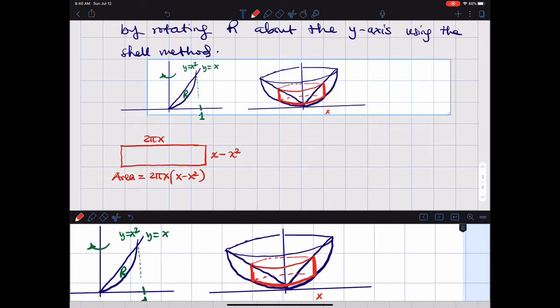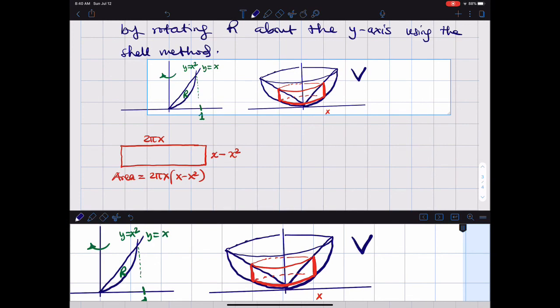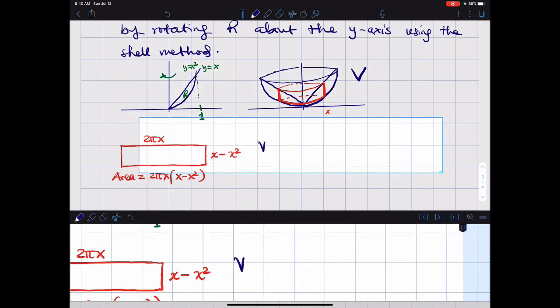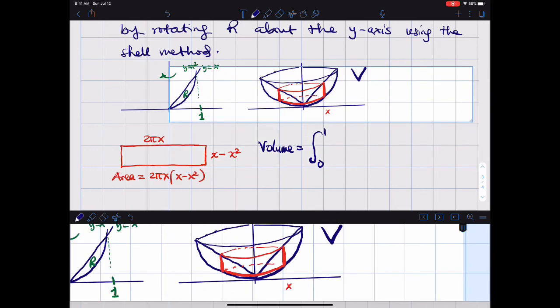So we're looking for the volume of this solid. The volume, again, is just going to be the integral. You're going to go from 0 to 1 because you're integrating all the shells from 0 to 1, every possible shell.